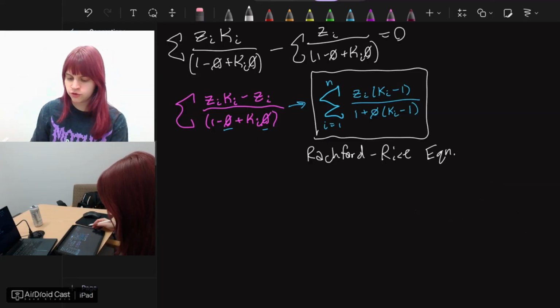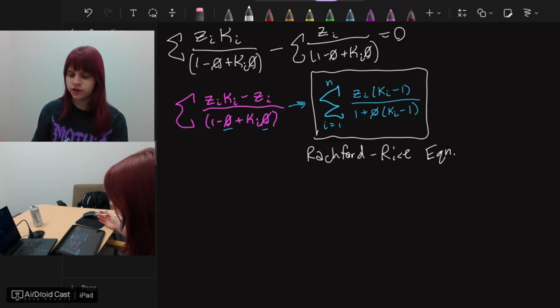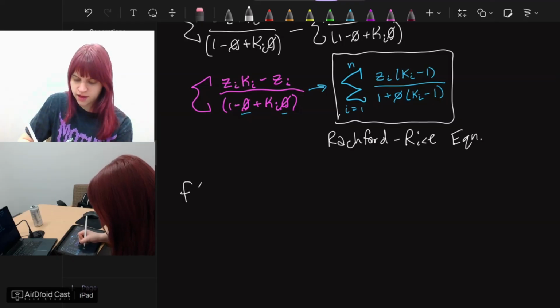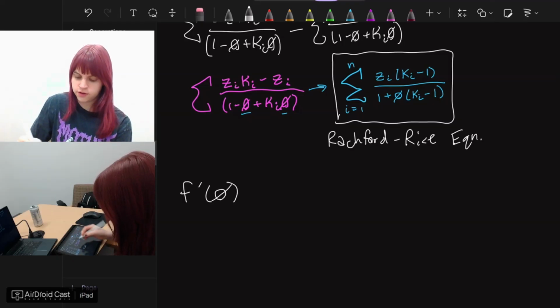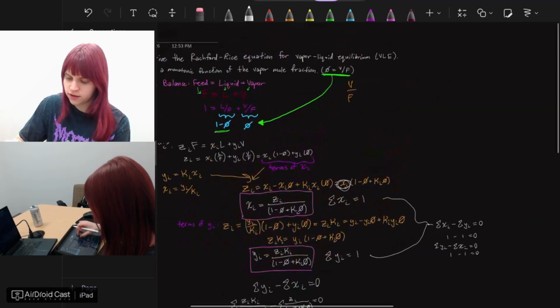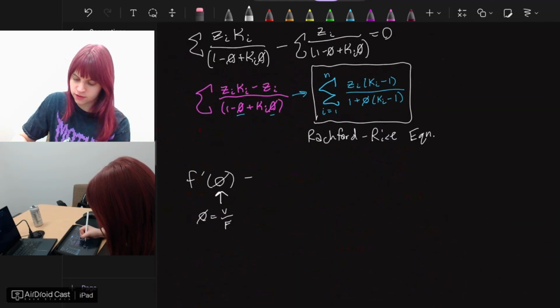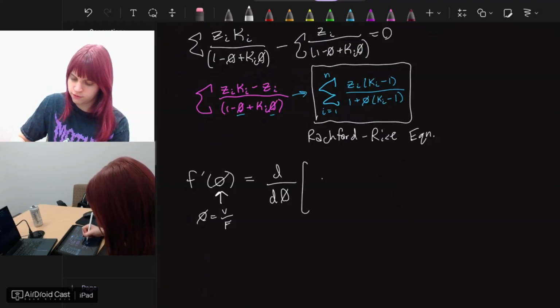A good way to look at this is to take the derivative of the Rachford-Rice equation. I'm going to notate this as f prime of phi, where phi is the vapor mole fraction that I defined up here. So that would be d/d phi of our summation.